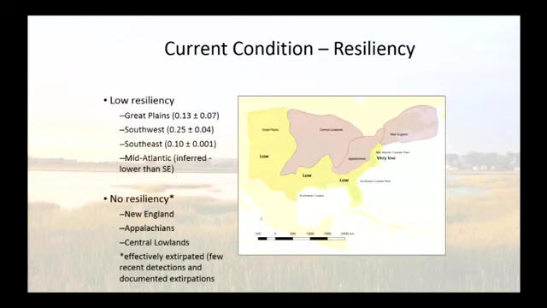And so we went ahead and did those occupancy analyses for the 4 regions that still have rails and have rail monitoring ongoing. So you probably noticed there were a couple of encounter points here in the upper, maybe up here around Chicago. We don't know what's going on with those. There were 2 encounters with rails in 2011, the first time they'd been seen in Illinois in decades.